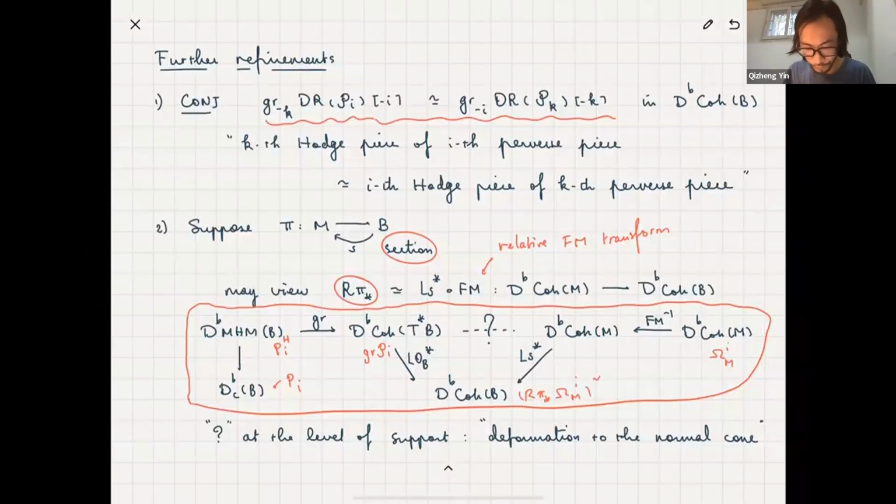So this is the previous story, but now we're still wondering if there's a way to connect these. We don't want to push everything to B, or push and pull back.